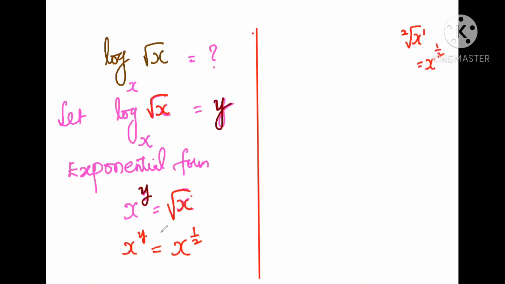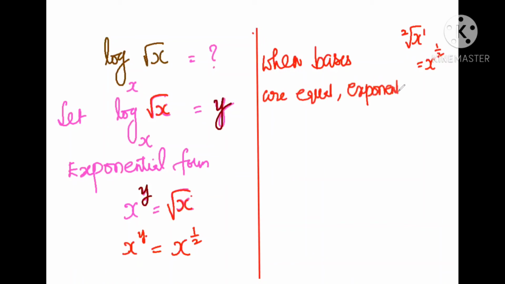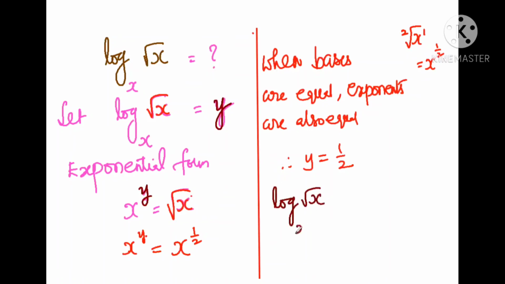Now bases are equal, exponents are also equal. Therefore, y is equal to 1 by 2. Therefore, we conclude that logarithm of root x base x is equal to 1 by 2.